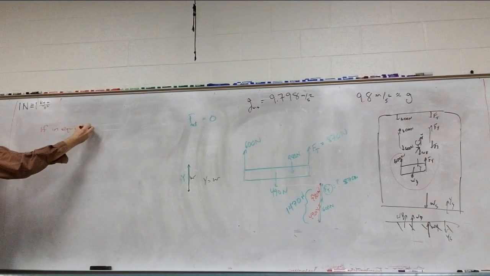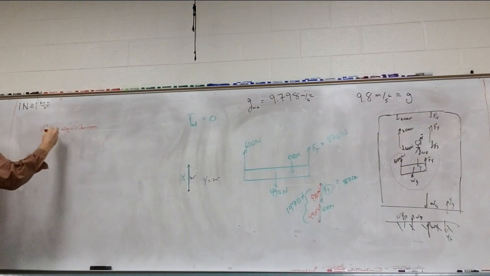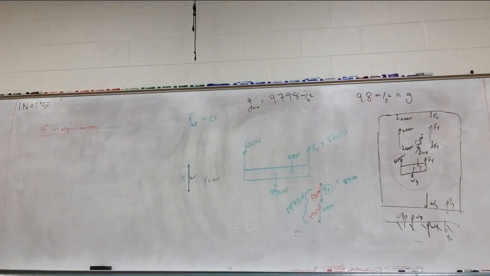I know I've asked this already today, but we'll do it again. What are the three things that tell me that something's in equilibrium? Before, and without looking at your notes, how many can you get? Three meanings of equilibrium.